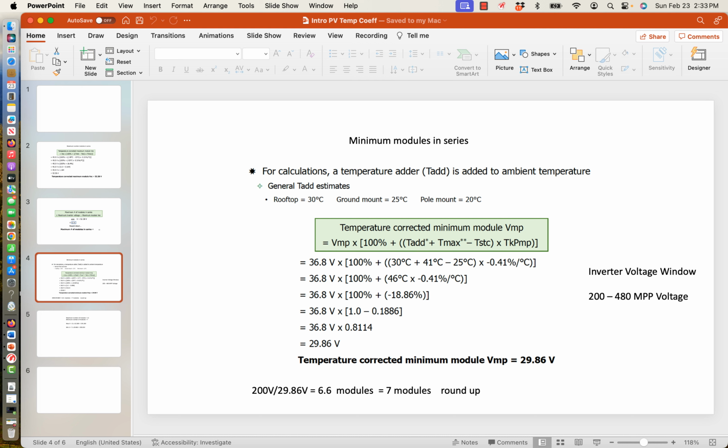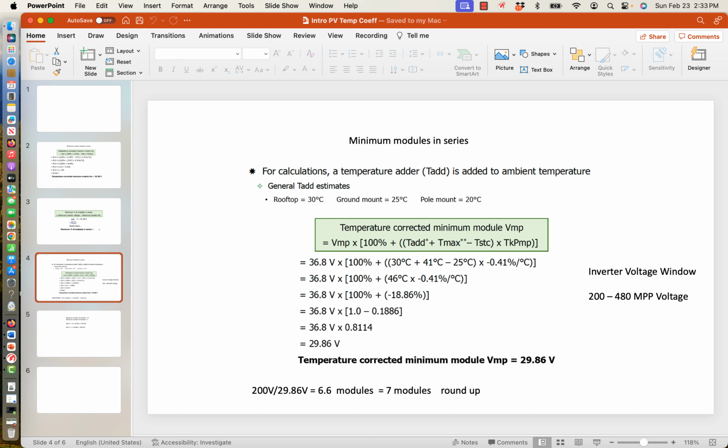Next up, we're going to multiply that by the VMP, and we get 29.86 volts. So on an average hot day, our module is going to be putting out 29.86 volts.